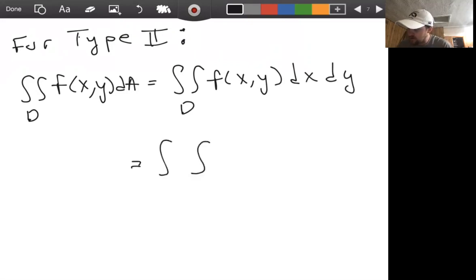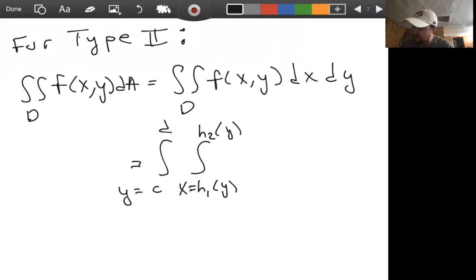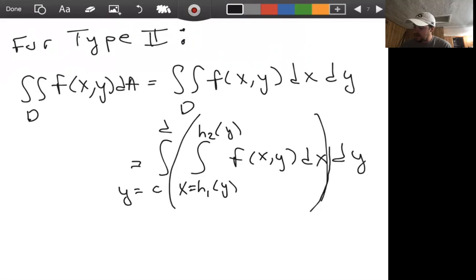This is the integral from x equals h1 of y to h2 of y, and then y is bounded from c to d, of f of x y dx dy. Again, here you're integrating with respect to x first, and then with respect to y.